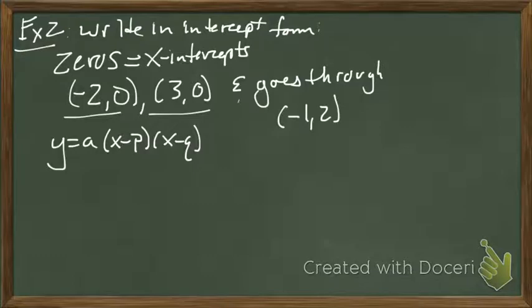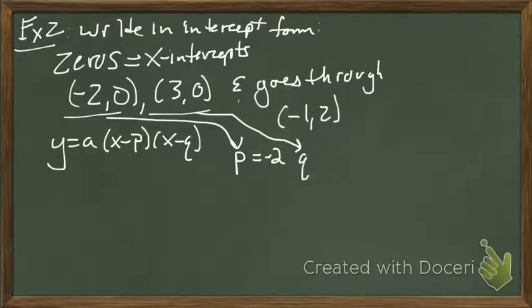Now, if we know the zeros, they're giving you the values of p and q to substitute in. So you need to realize that based on that zero, my p value equals negative 2, and based on 3, 0, my q value is positive 3.